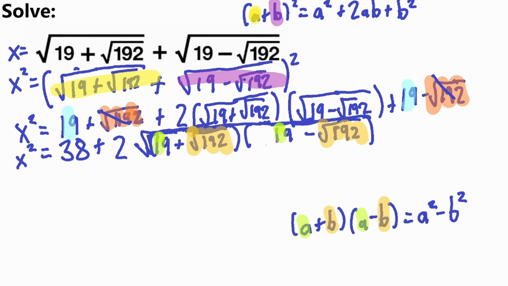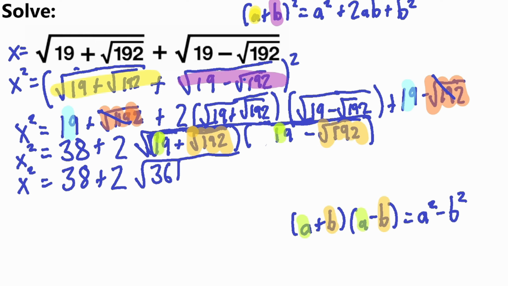And now what we want to do is use these values for A and B and rewrite it as A squared minus B squared. So let me start a new line and let's do this. So 38 plus 2 times square root of, so A squared, our A is 19, so that means it'll be 19 squared, which is 361.